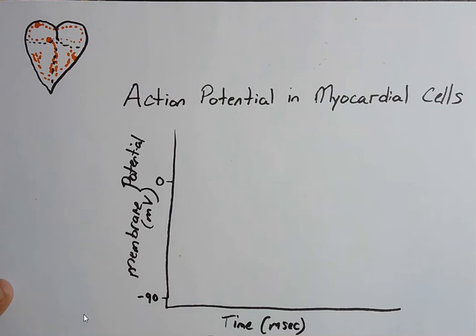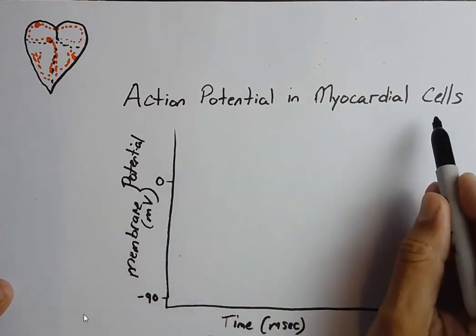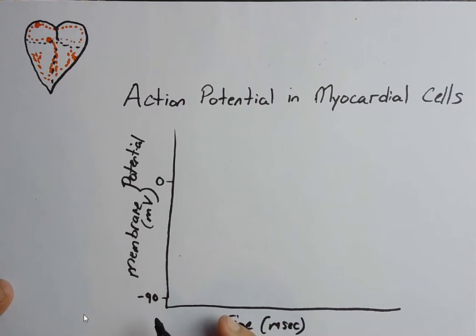What that tells us is that these cell membranes are packed full of potassium leak channels and don't have a lot of sodium leak channels. So the primary leak channel that determines the membrane potential in myocardial cells will be the potassium leak channel. I have explained that in my previous videos as well.